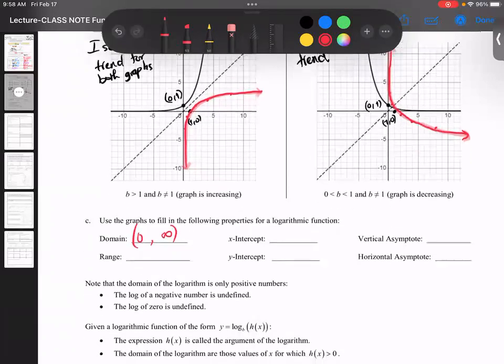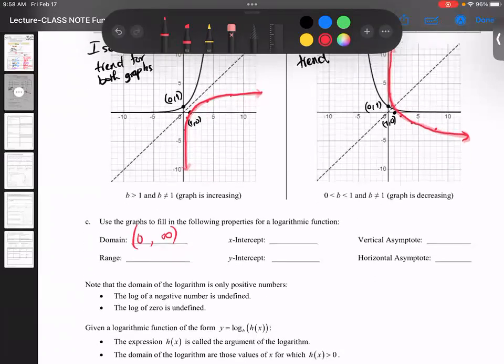These kind of swap. What is the range? From bottom to top, where does it go? Where does it start? It starts from negative infinity, right? And it ends at positive infinity. Do we have the x-intercept?